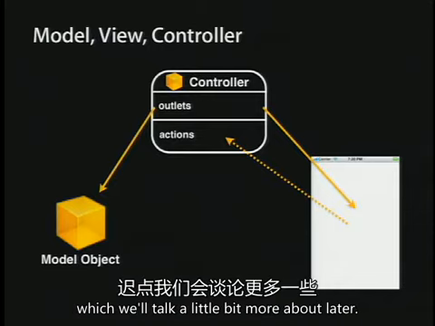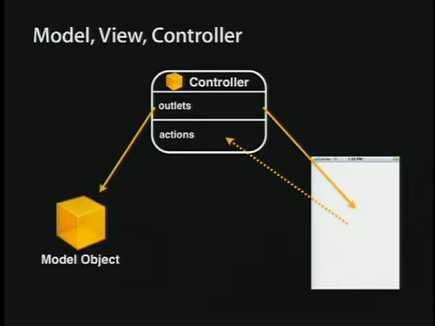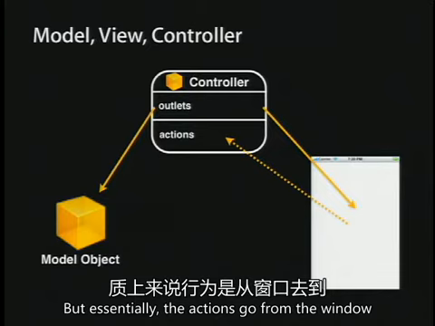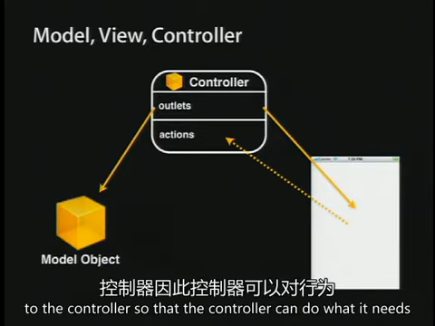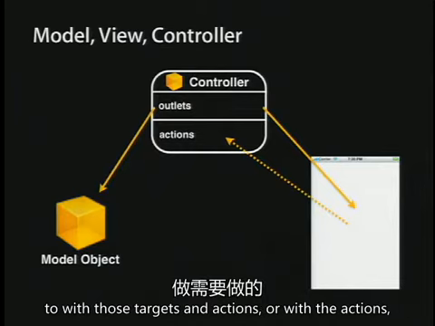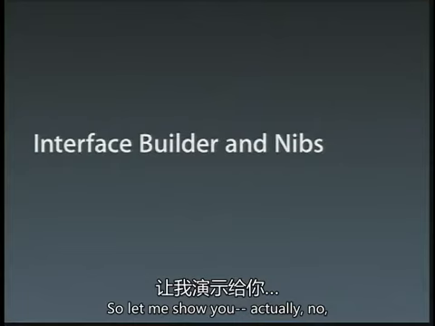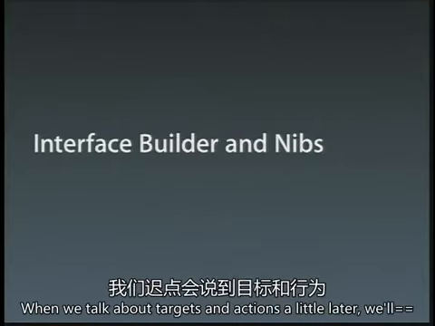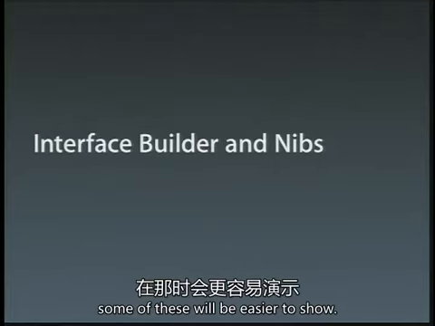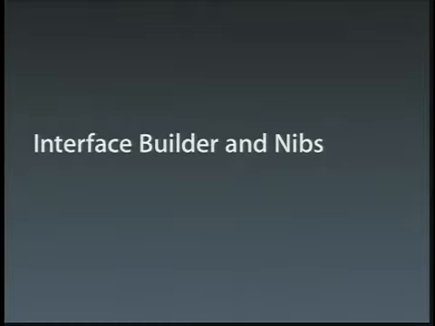And we've seen target-action, which we'll talk a little bit more about later. But essentially, the actions go from the window to the controller so that the controller can do what it needs to with those actions. So let me show you. Actually, no, I'm not going to show you yet. When we talk about targets and actions a little later, some of this will be easier to show.